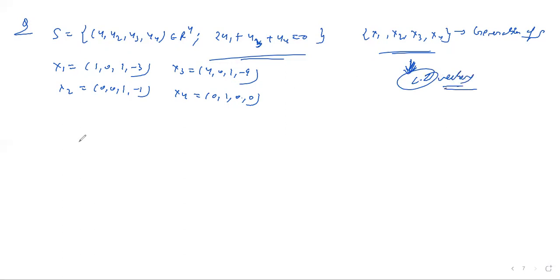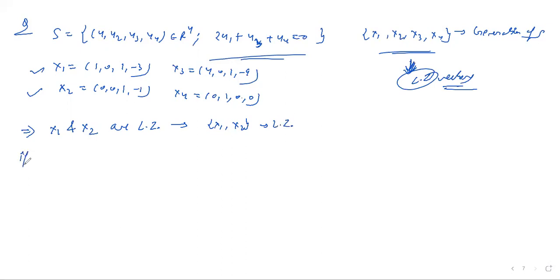So if I see the vectors x1 and x2, you can say that x1 and x2 are linearly independent, as one is not a scalar multiple of the other.